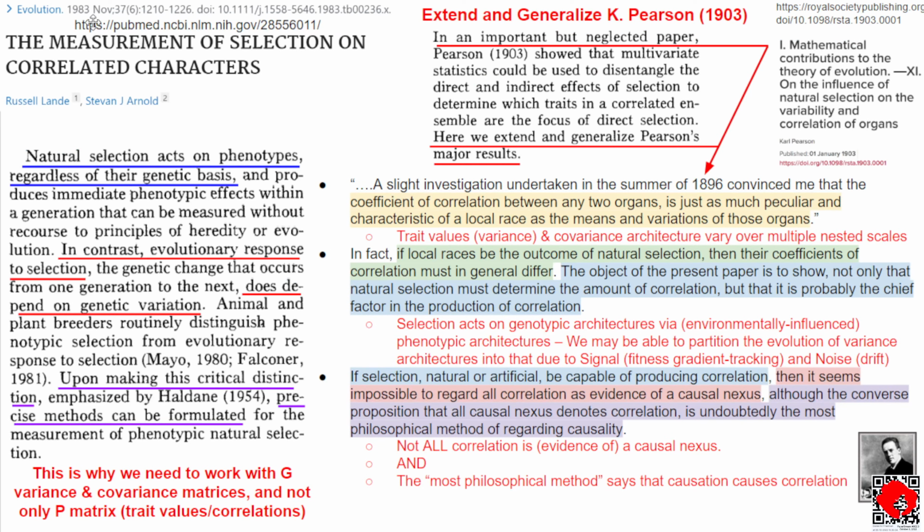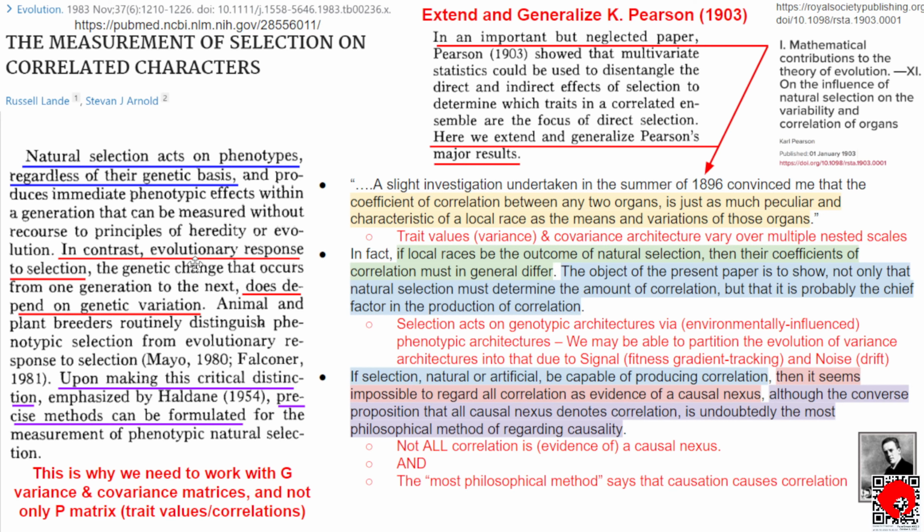Then here's Lande and Arnold, 1983. There were some interesting aspects here that, almost 40 years later, are foreshadowing a lot of the way that it was framed in the main paper. They write early in the paper: "Natural selection acts on phenotypes regardless of their genetic basis and produces immediate phenotypic effects within a generation that can be measured without recourse to principles of heredity or evolution.